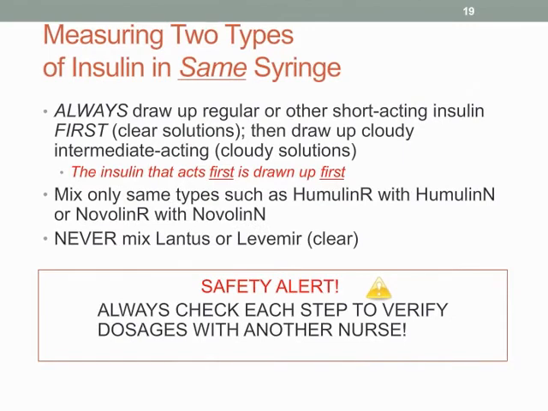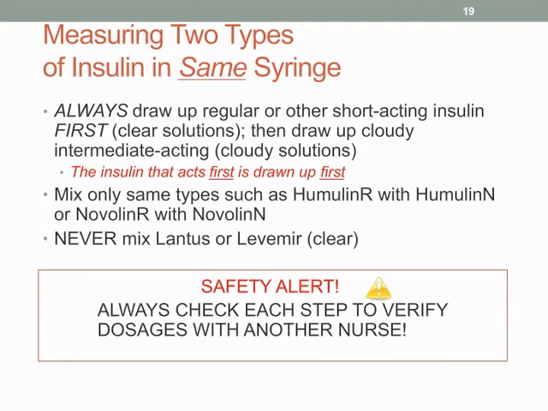So that's what the goal is today. We're going to go over the method of drawing up 2 different kinds of insulin in one syringe. We're not going to be lucky enough to always have patients that fit within the pre-mixed insulins like 70-30 or 50-50. So here are the general rules. Always draw up the regular or the short-acting insulin first, so that's clear.